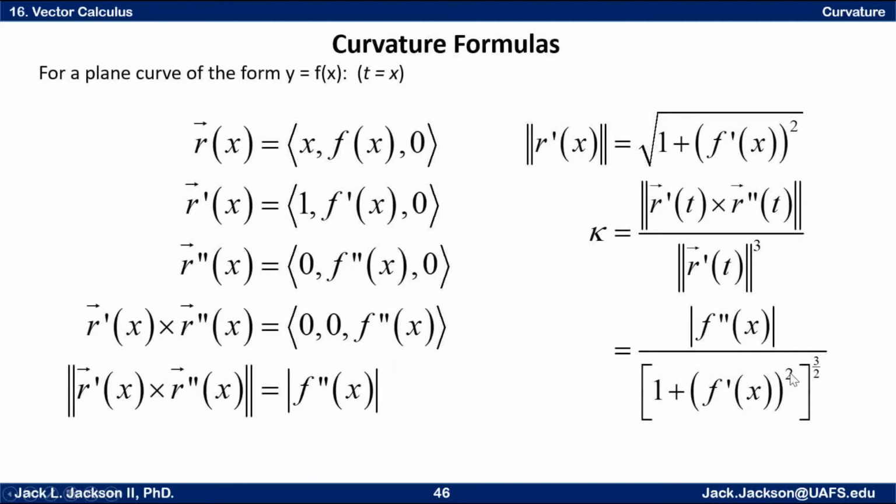So it's the quantity 1 plus f prime squared raised to the 3/2 power. So there's a formula that can be used if specifically it's a plane curve where you've solved for y in terms of x. It works in a very specific case.